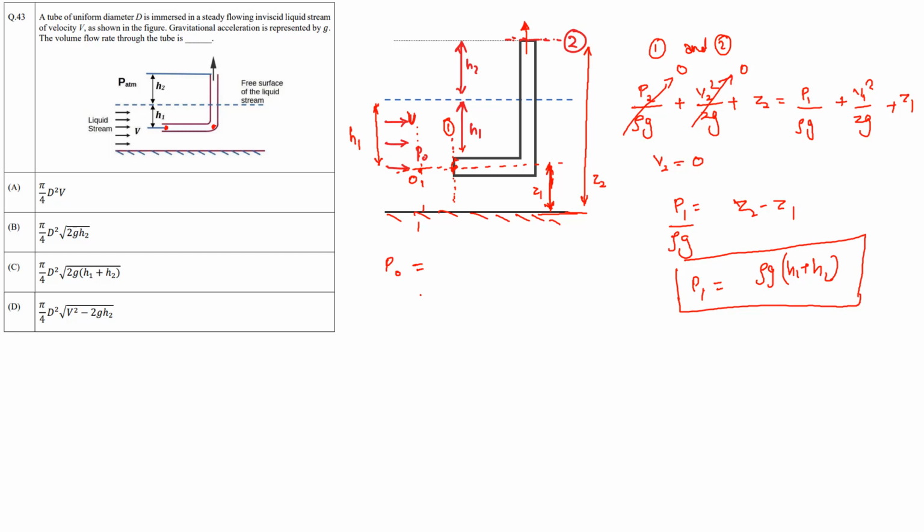Sir, at the top of the tube they have shown an arrow. It means fluid might be flowing. You say the fluid might be flowing. I see. The tube of uniform diameter d is immersed in a steady flowing inviscid liquid stream.